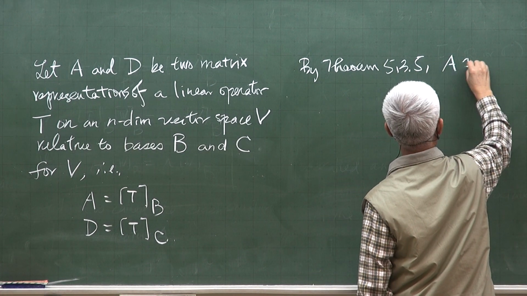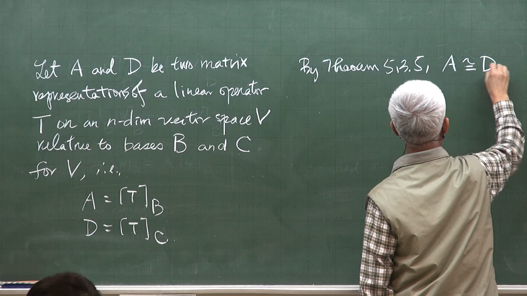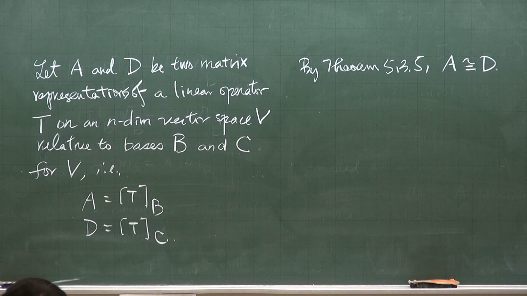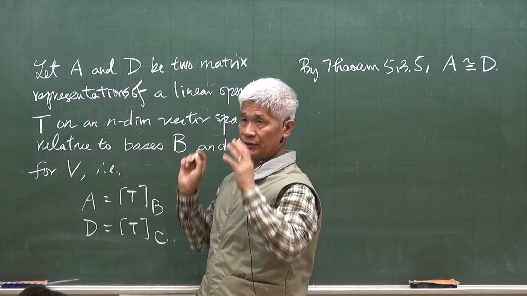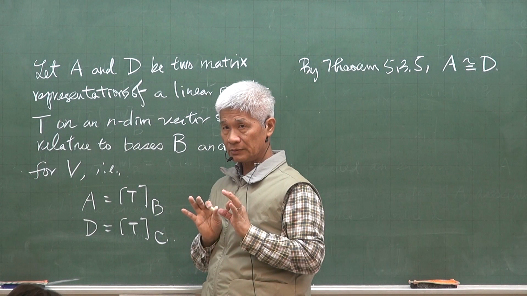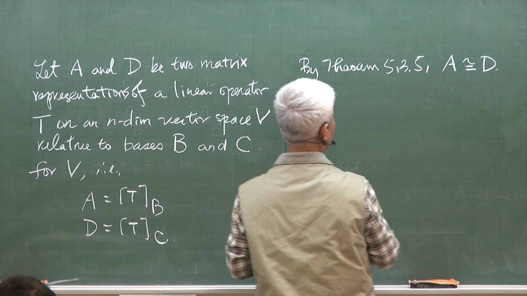A is similar to D. So we know that relative to different bases, these two matrix representations are similar to each other. Okay?